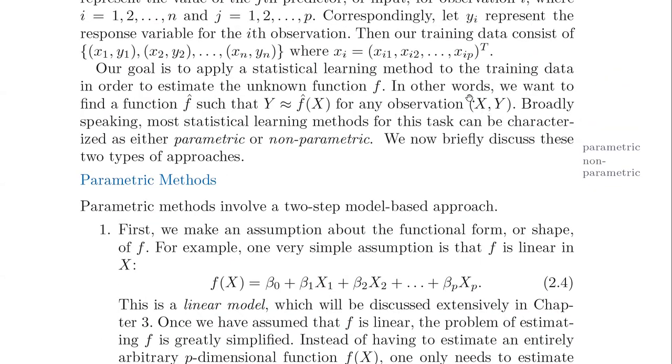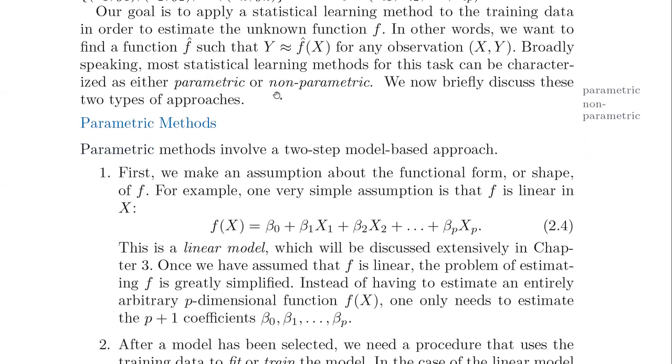Notice the difference between uppercase and lowercase. Lowercase is raw data. Lowercase is a specific observation. Uppercase is the variable. So Y would be, for example, wage, whereas yn is the wage of this nth observation.